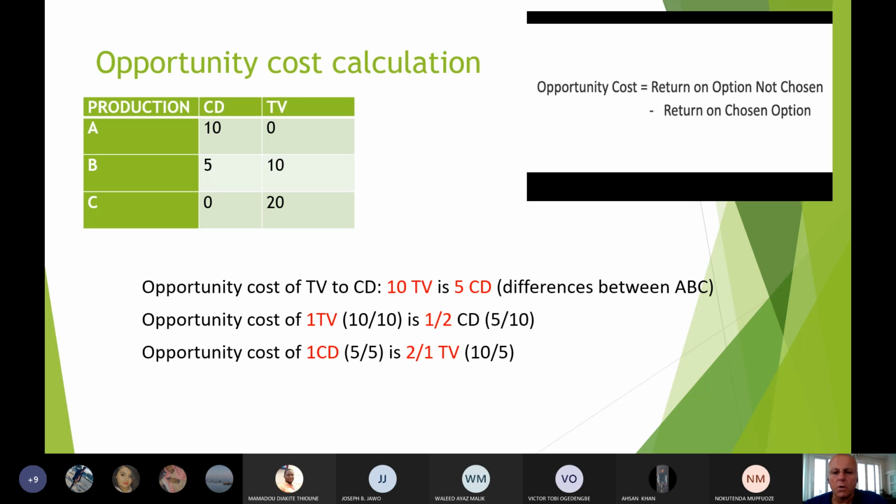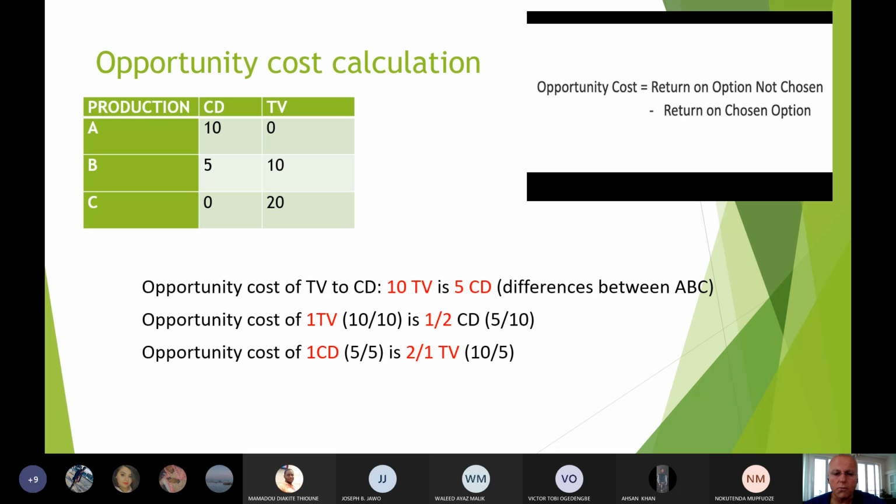Therefore, the opportunity cost calculation, as I said to you, is that the return on options not chosen will be subtracted from the return on the chosen option. The opportunity cost of TV to CD, in the given example represented on this table, is for the A combination 10 to 0, for the B combination 5 between CD and TV, and for the C 0 to 20.